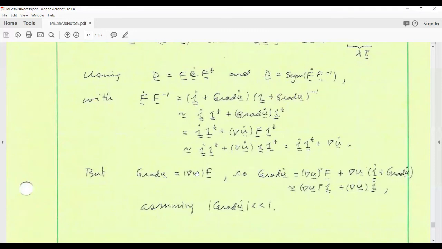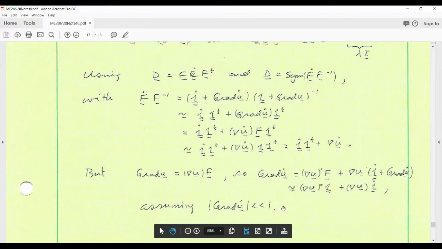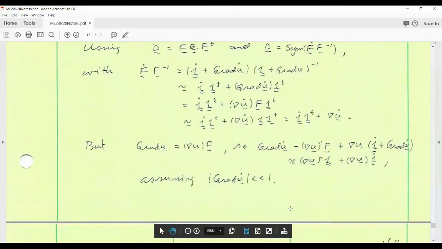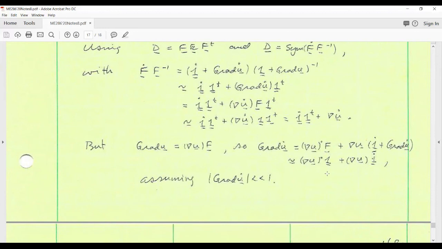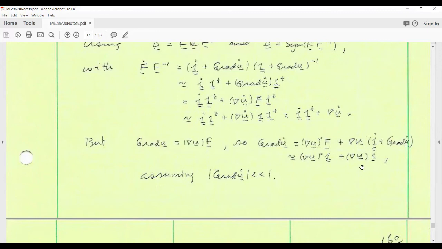On the right-hand side, you get the dot of grad U, F plus grad U, F dot. Let's suppose, in addition to grad U being small, that grad U dot is also very small. Okay, so it's a further assumption. Then we can't say anything about F dot in general, so we can neglect this in comparison to F dot. And we get that.